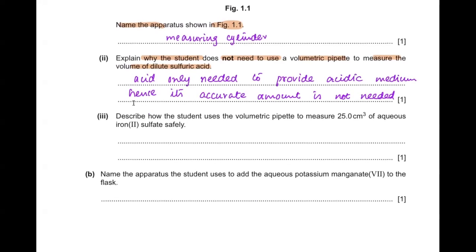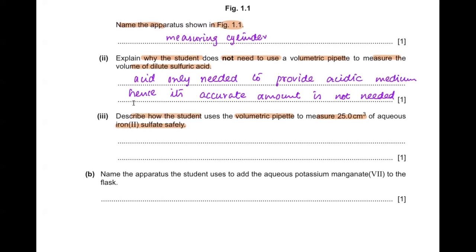Yes, sir. Now describe how the student uses the volumetric pipette to measure 25 centimeter cube of iron 2 sulfate safely. So whenever it comes to safely, we are going to use pipette filler, as we have discussed earlier, because with the help of pipette filler, it avoids the liquid entering our mouth.